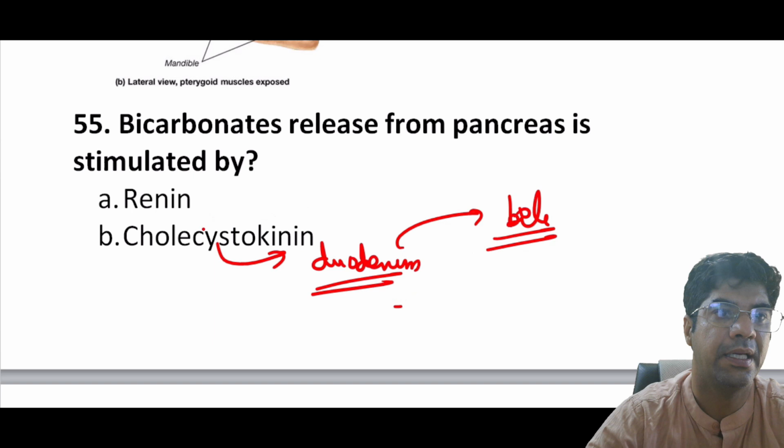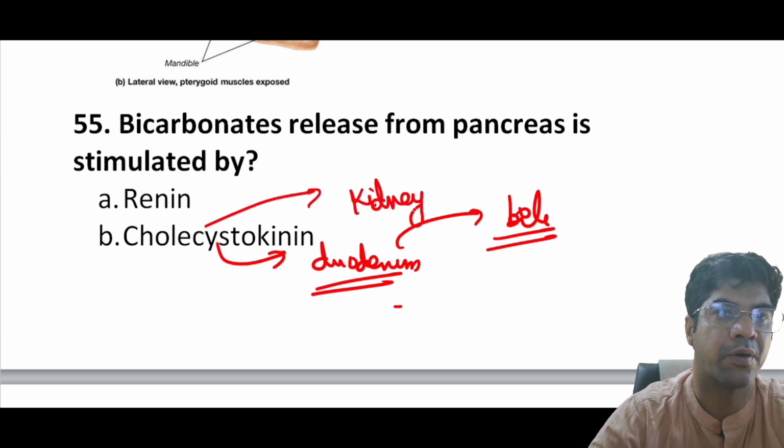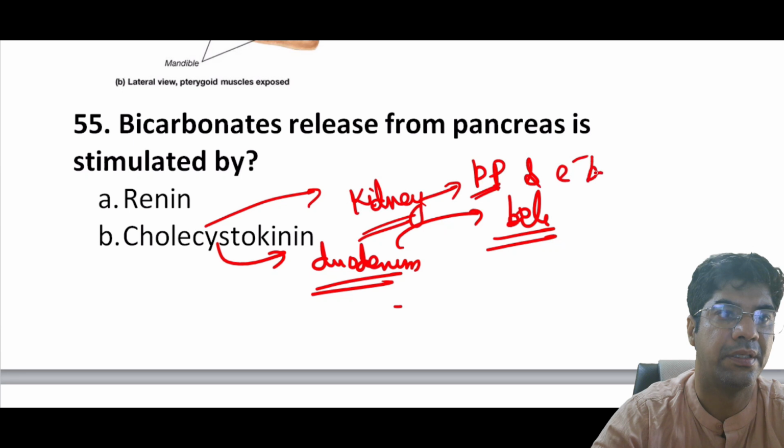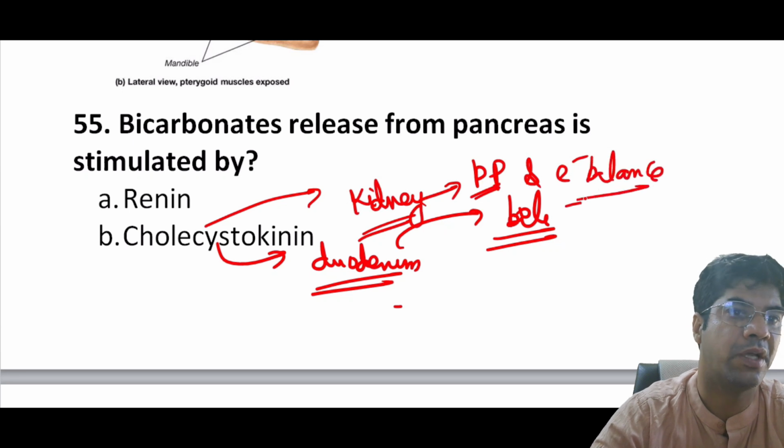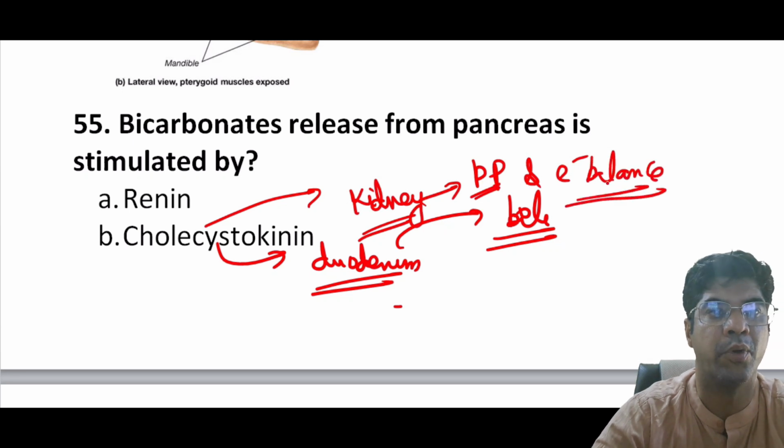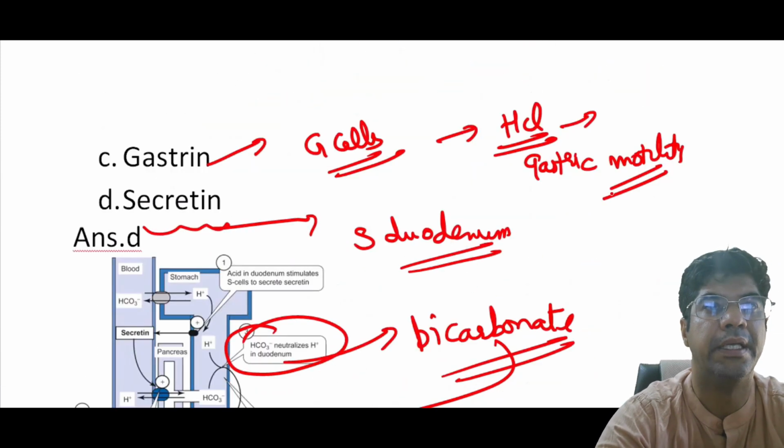The renin, it is an enzyme secreted by the kidney that plays a role in blood pressure and electrolyte balance. And it does not influence the pancreatic bicarbonate excretion. So your answer would be D.